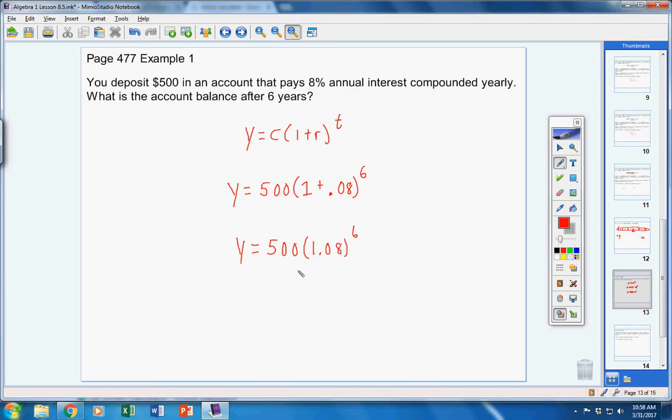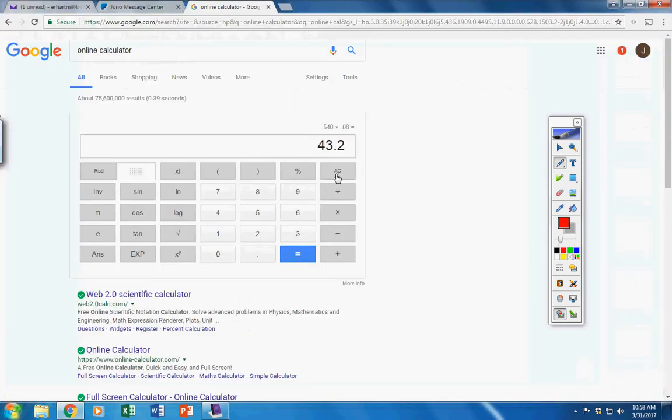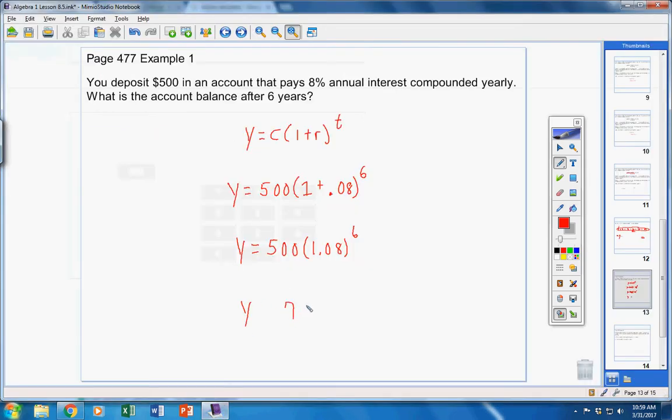Now, remember, you do not do your multiplication first, you do your powers first. So I've got to take 1.08 to the sixth power and then multiply that by 500. So here we go. So I have 1.08 to the sixth power. Okay, got it? Equals, and then times 500 equals 793.43. And there we go. That's my ending amount.